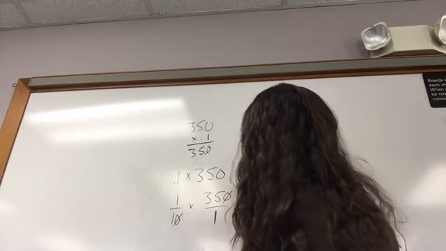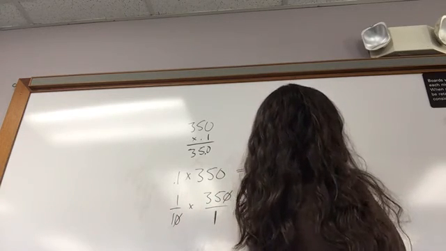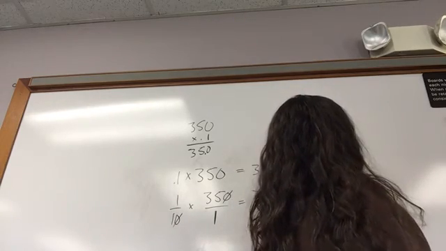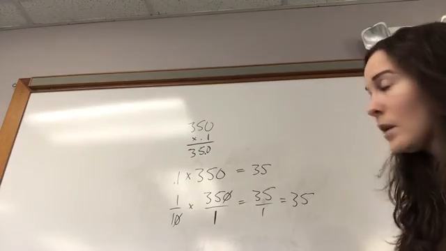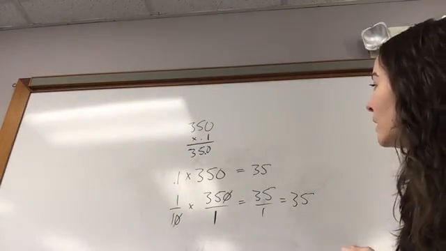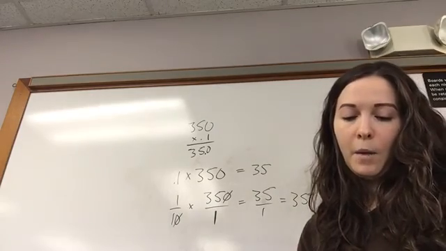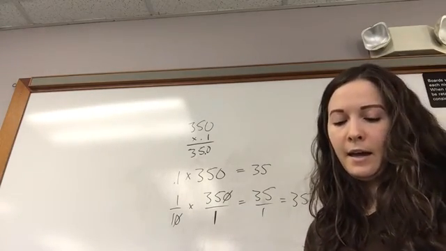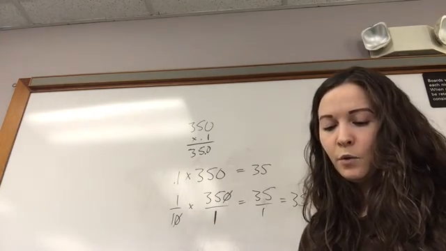And then 1 times 35 is 35, 1 times 1 equals 1, and we get 35 for that. So make sure that you are showing both ways of doing our problems here, with the fraction and with the decimal. So you can finish doing your problems there.